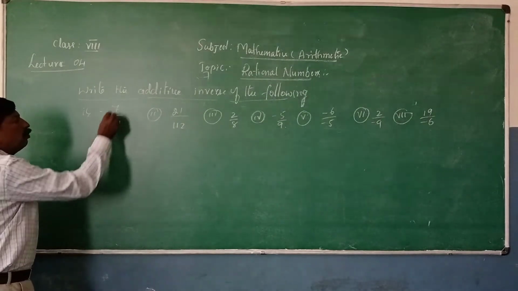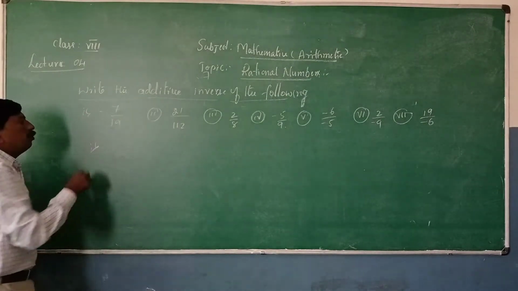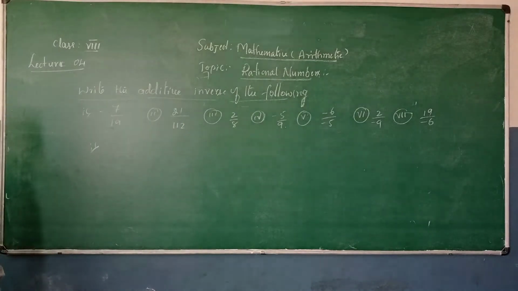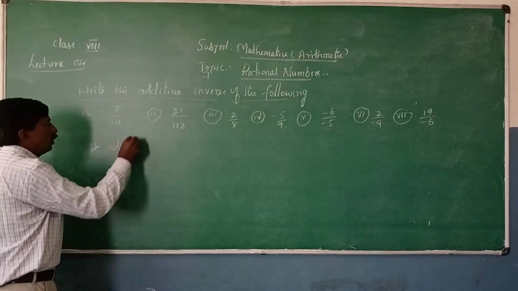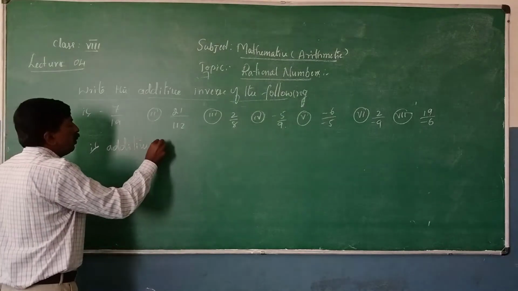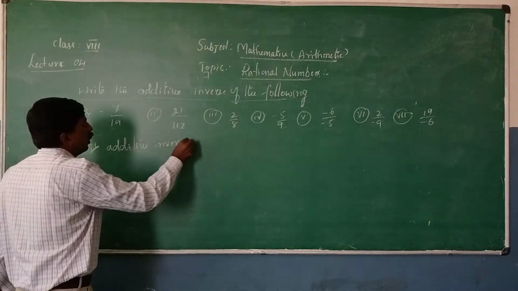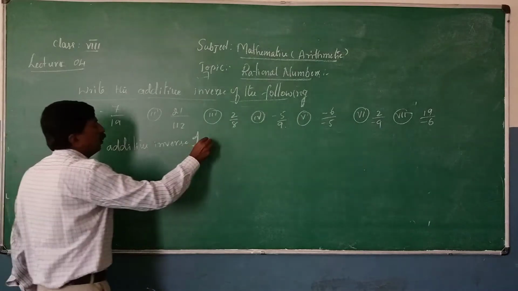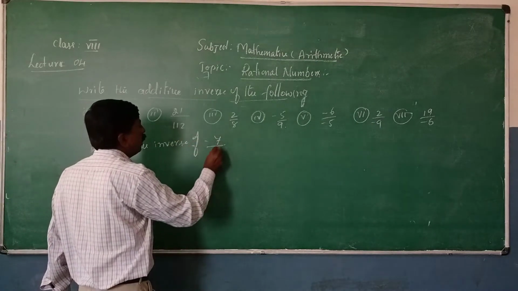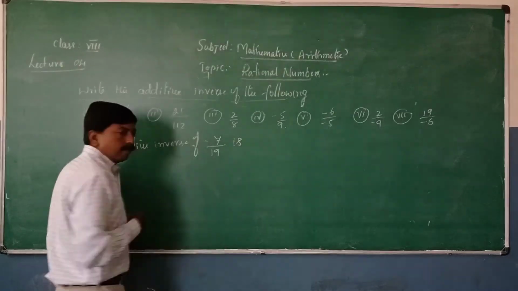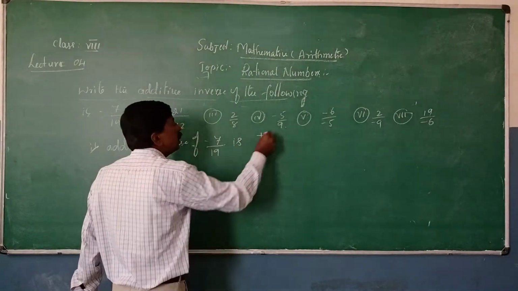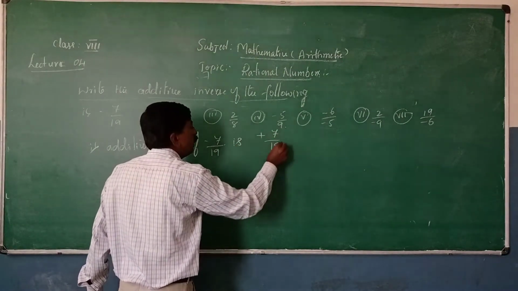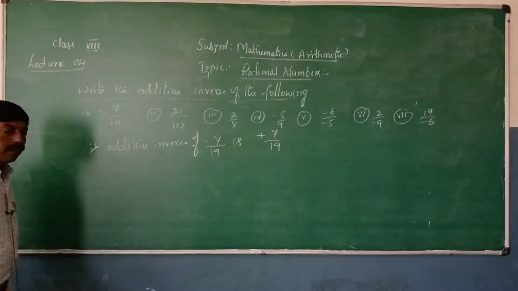Therefore, minus 7 by 19, what is its additive inverse? The additive inverse of minus 7 by 19 is, yes, minus will become plus 7 by 19.